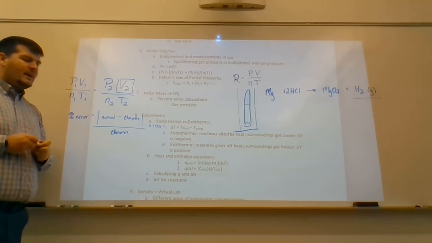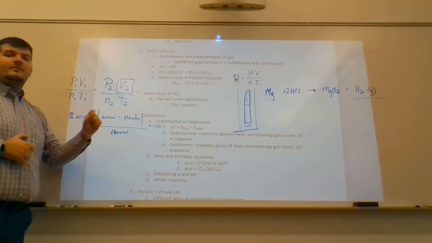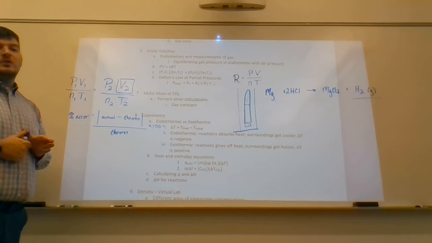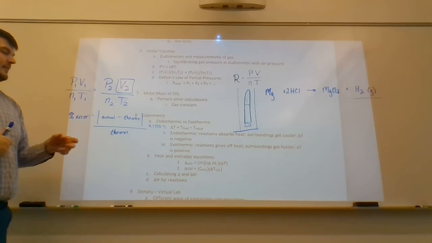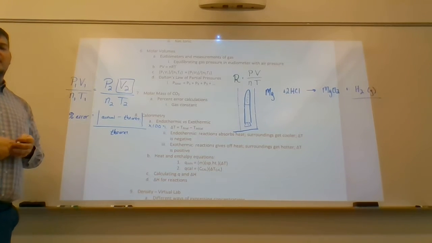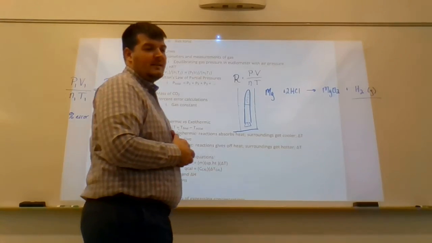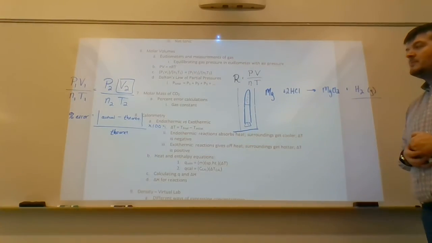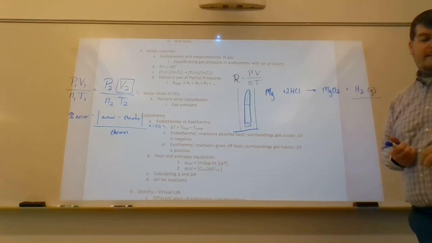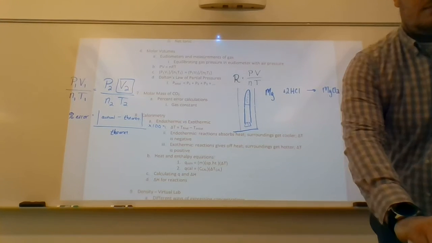In some cases, you might see where they don't have the absolute value, in which case that would tell you were you higher or lower than the accepted value. Okay, so if it's a positive value, it means that you were higher. If it's a negative value, it means that you were lower. You can just use the absolute value equation, no problem. Okay? Anything else here for molar volume of a gas?